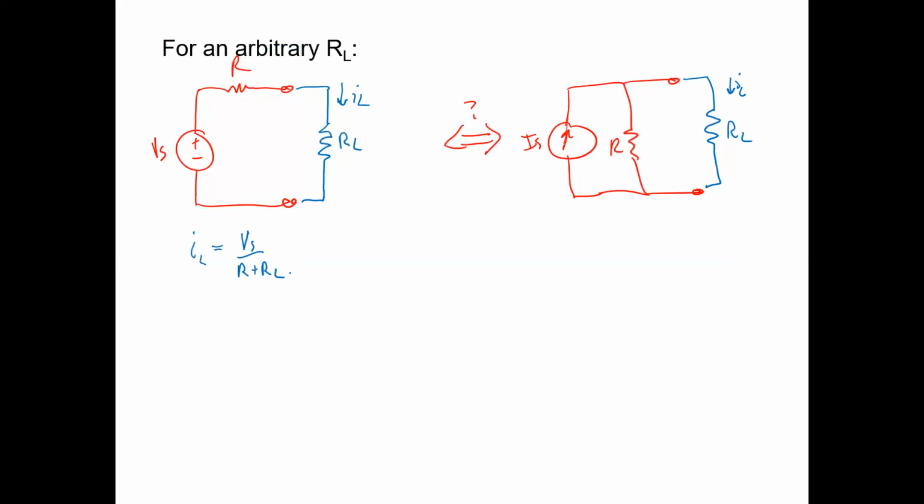Current divider equation, right? It says IL is going to equal 1 over RL, over 1 over RL plus 1 over R, times IS.